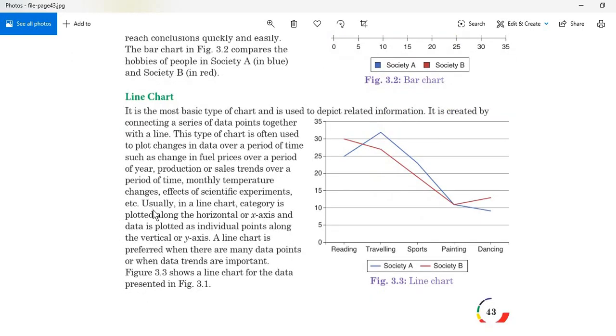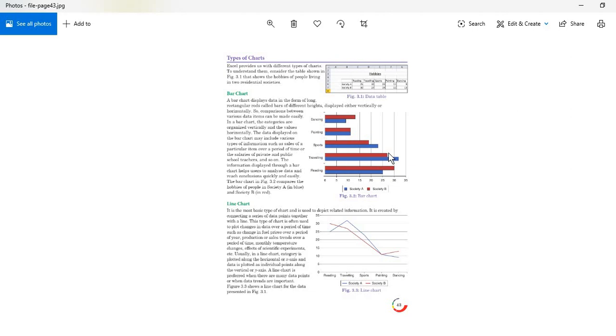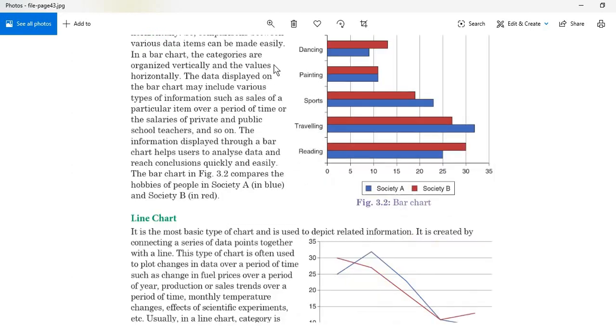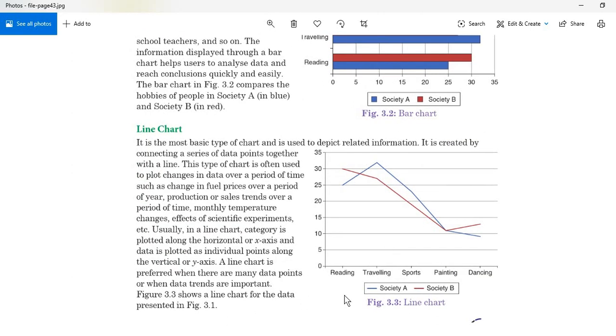Usually, come here, okay? Usually in a line chart, the category is plotted along the horizontal line. See, in this bar chart, the categories were written on the vertical side, right? In this line chart, the categories are written on the horizontal x-axis, and data is plotted as individual points along the vertical axis, which is this one, or you can say the y-axis.